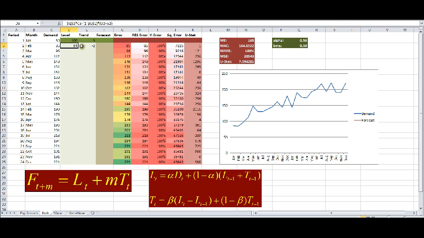If you would use these values, then we would need to move over here. But we can just use our initialization values. So our level is right here, it's 100 we guessed, plus, I'm going to just say 1 times, just so we remember that m will equal 1, times the trend. Okay, so that gives us a value of 103, and now I'm going to just copy everything down.